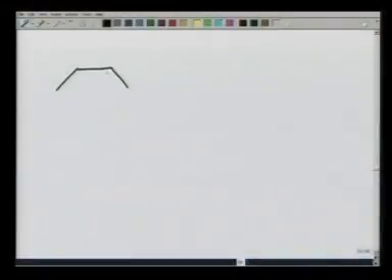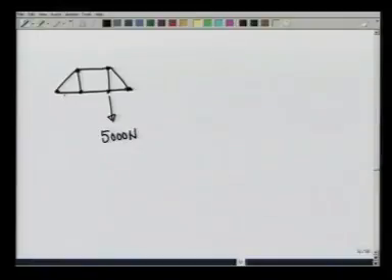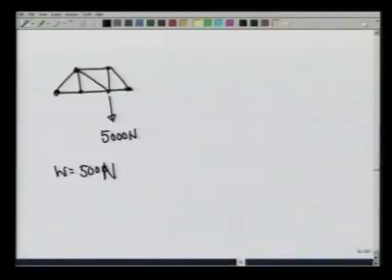Next question is, what happens if each of these members, in addition to this load, had weight themselves? So, here is a load of 5000 newtons. If each member, let us say, had a weight of 500 newtons, then as I remarked earlier, what we would do is divide this weight equally at each point.